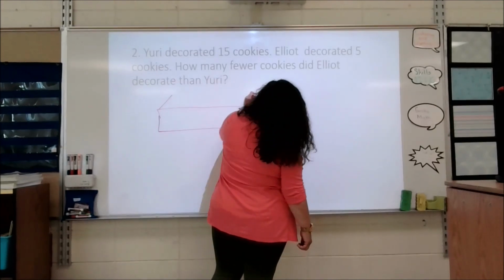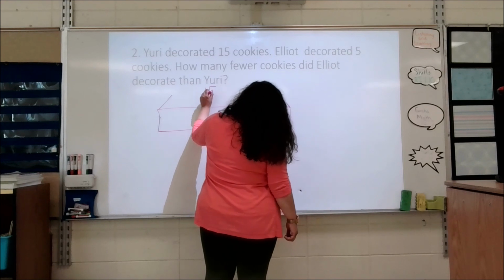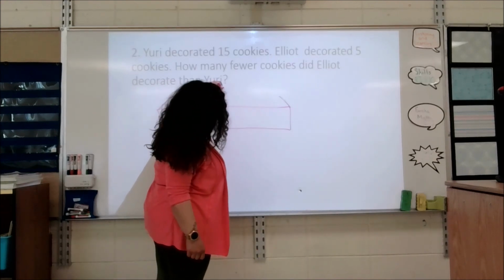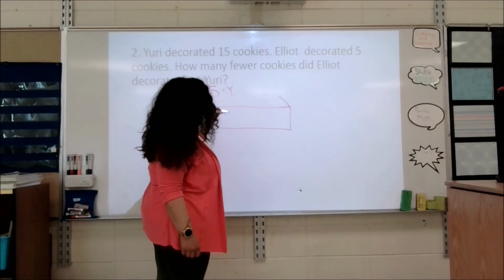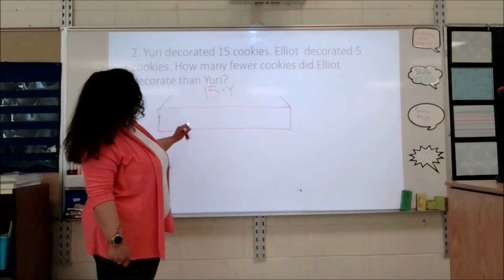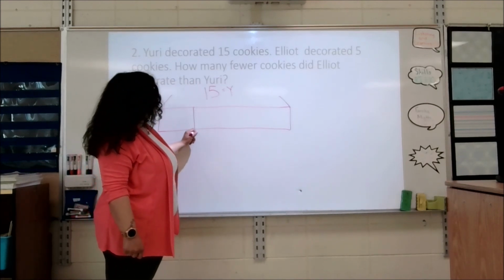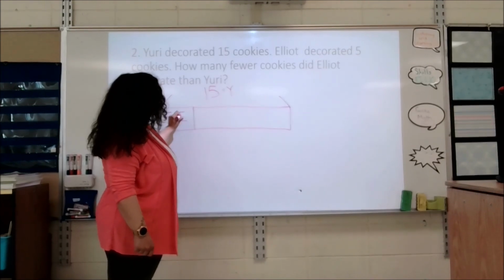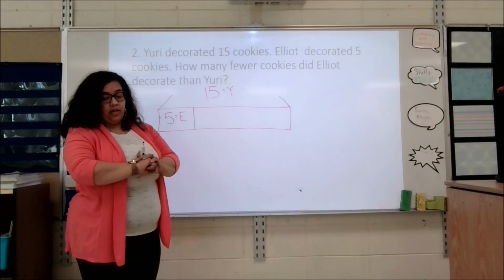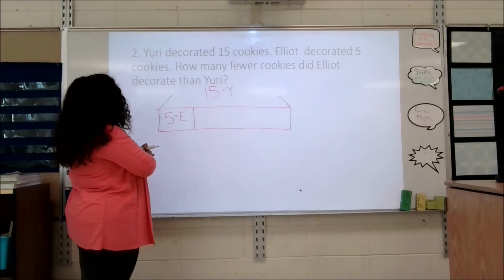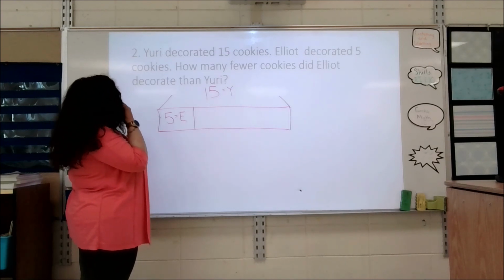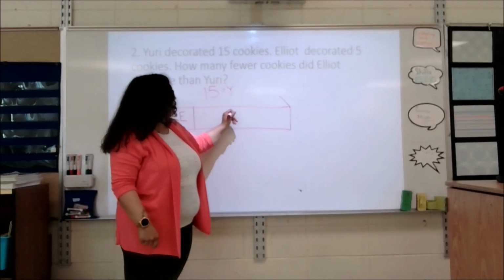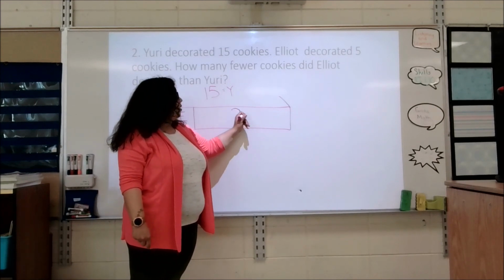This single tape diagram shows that Yuri decorated 15 cookies, capital Y for Yuri. Then we know that Elliot decorated 5. These 5 belong to Elliot. The question is, how many fewer cookies did Elliot decorate than Yuri? So what is this value here?